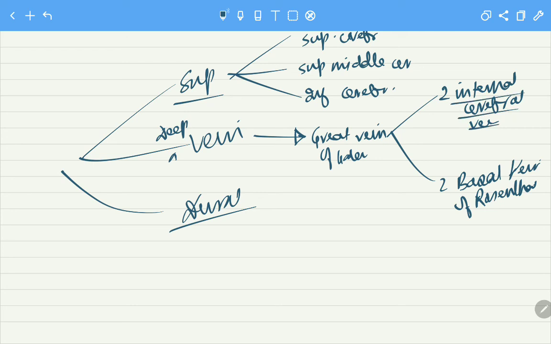The two internal cerebral veins are formed by union of the choroidal vein and the thalamostriate vein, and the basal veins of Rosenthal are formed by the deep anterior cerebral vein and deep middle cerebral vein.